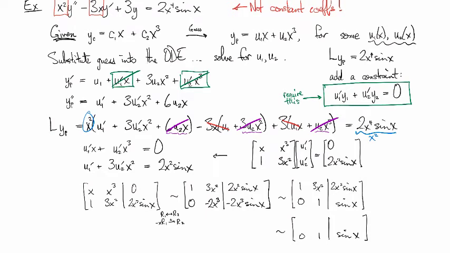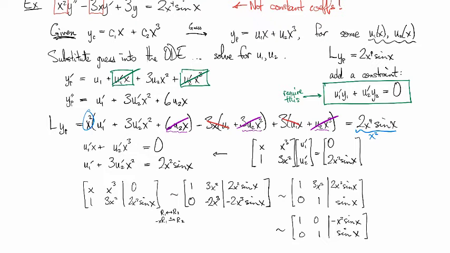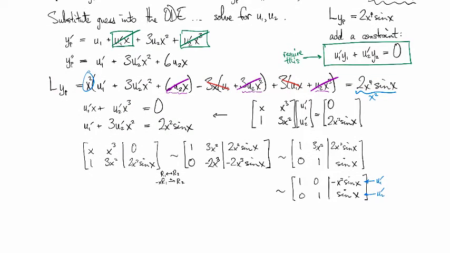So minus x squared sine x. Okay. And so let's see then. So now this is telling us what our u1 prime and our u2 prime are.